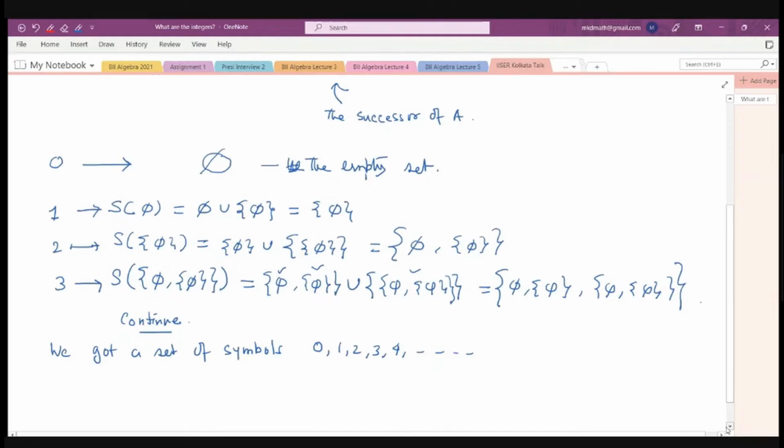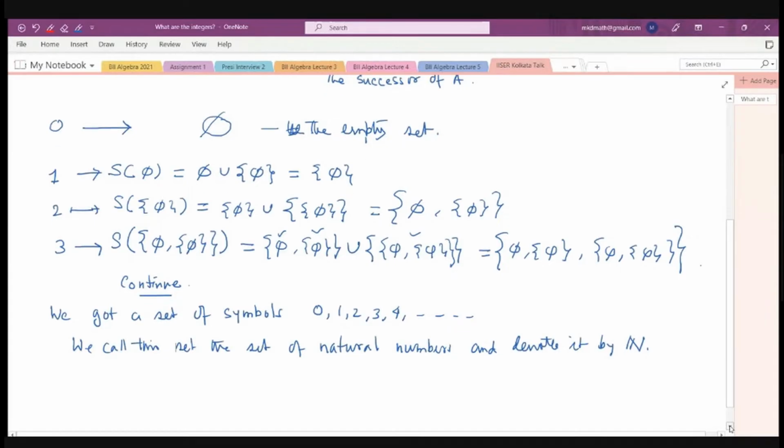We call this set the set of natural numbers and denote it by N. Some of you may ask why I am including 0.